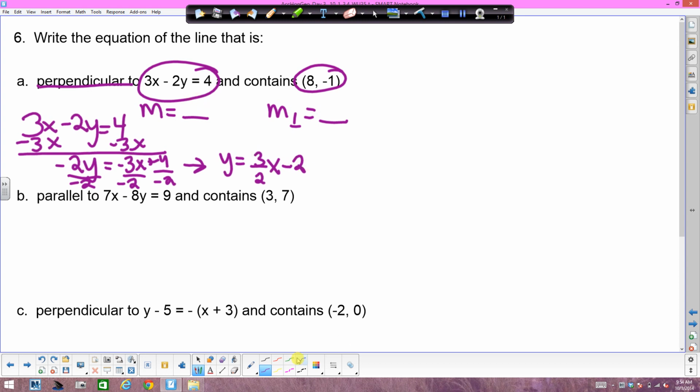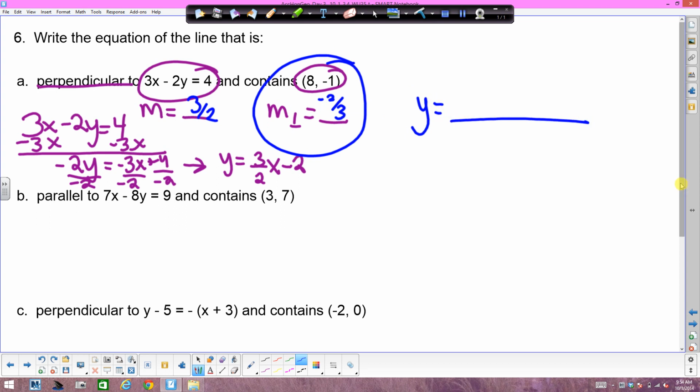So from this, we know that this slope is 3/2. Well, if I want the perpendicular slope, it would be -2/3. So we're going to take that point and that slope and write the equation. So I want you to do that and have your final answer in slope-intercept form.